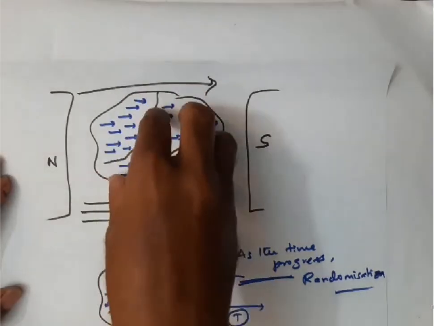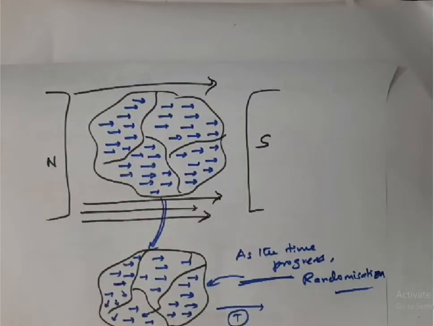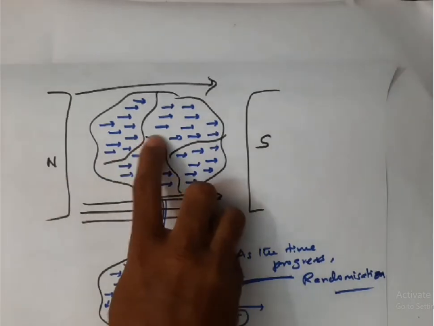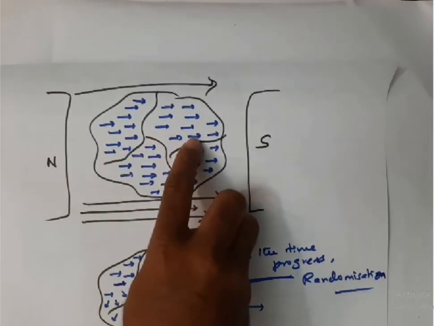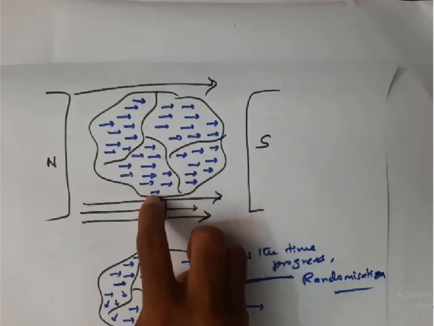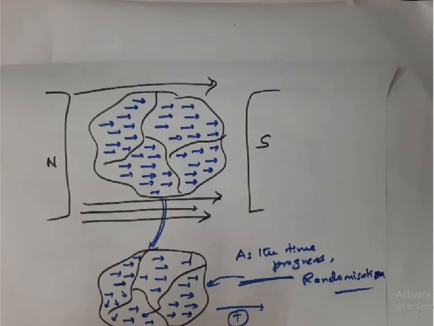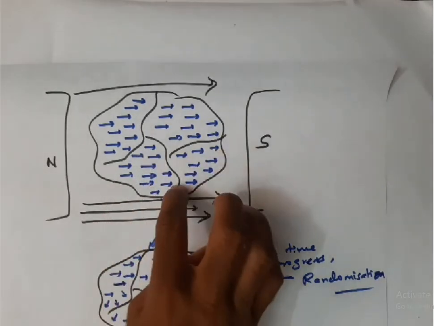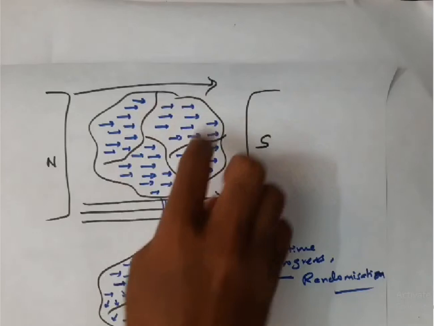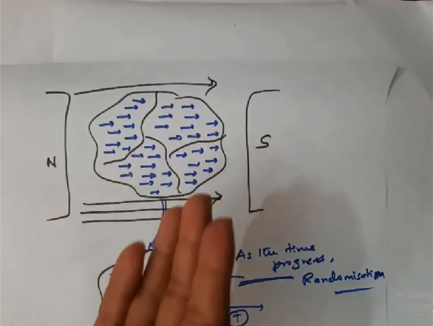Therefore, your material gets magnetized. It is strongly attracted. I have told you, whenever the direction of the magnetic moment is the same as the direction of the external magnetic field, there will be attraction. So the solid gets attracted. Since all the domains are oriented in the same direction, it is strongly attracted.